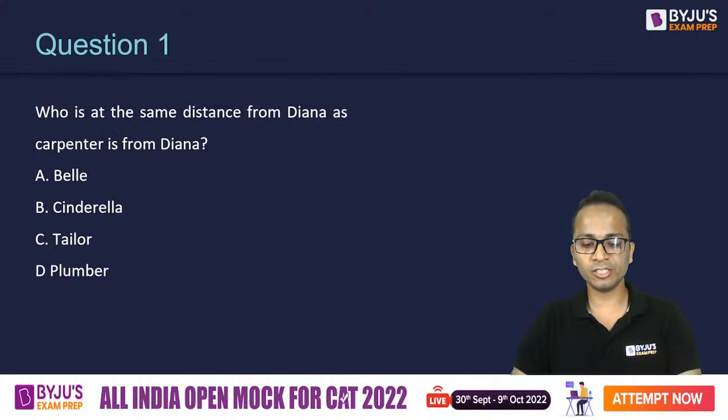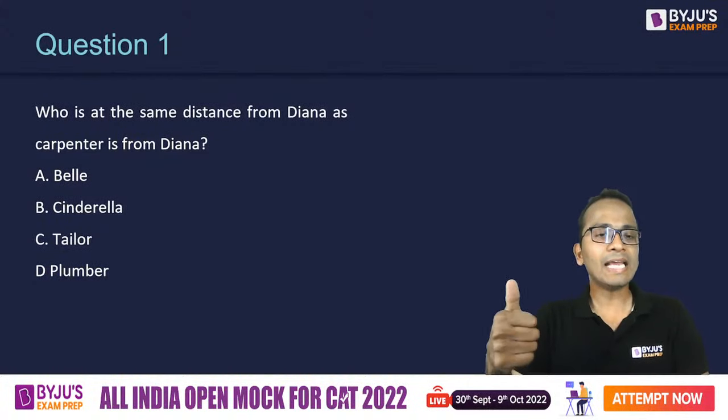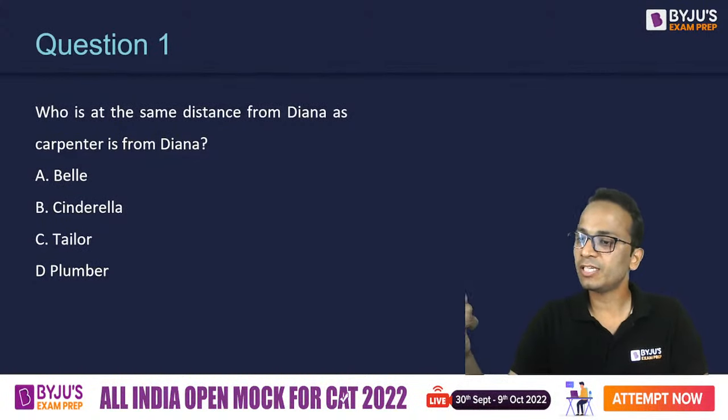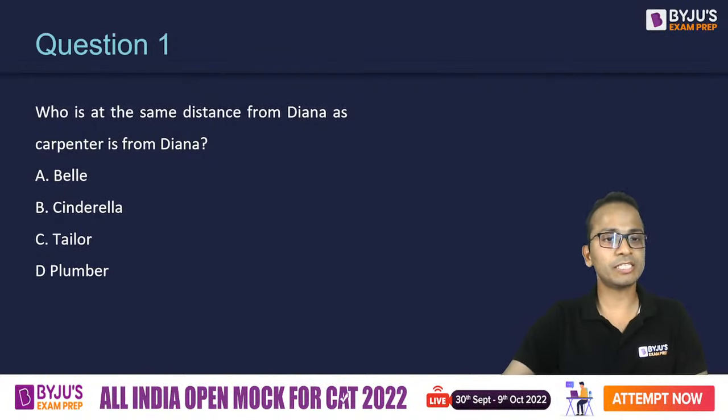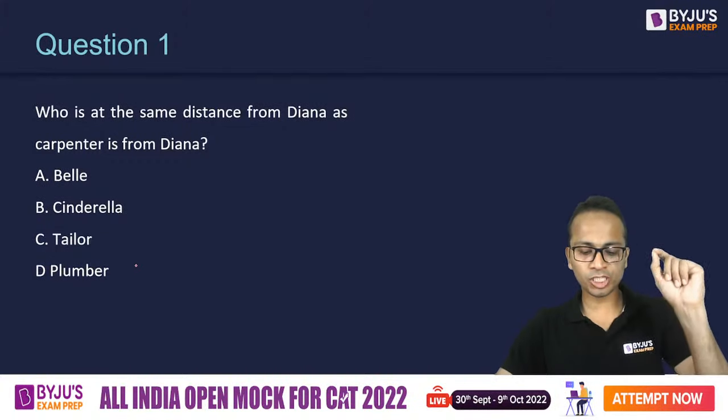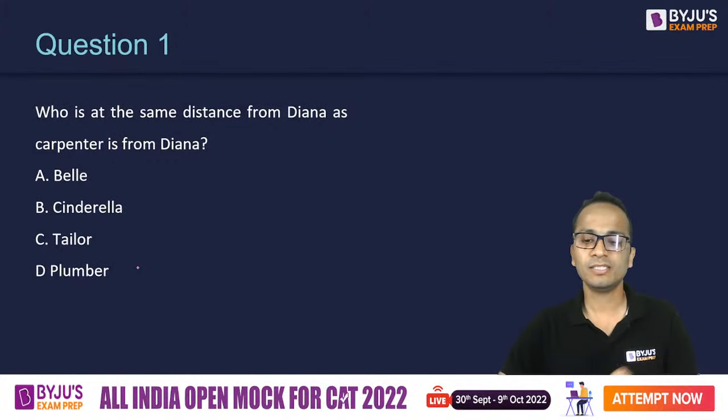I'm waiting for your answers. So Diana and carpenter में जितना distance है, उतना same distance किस में है? This is what you'll have to find out. Give me an answer in option A, B, C, or D.